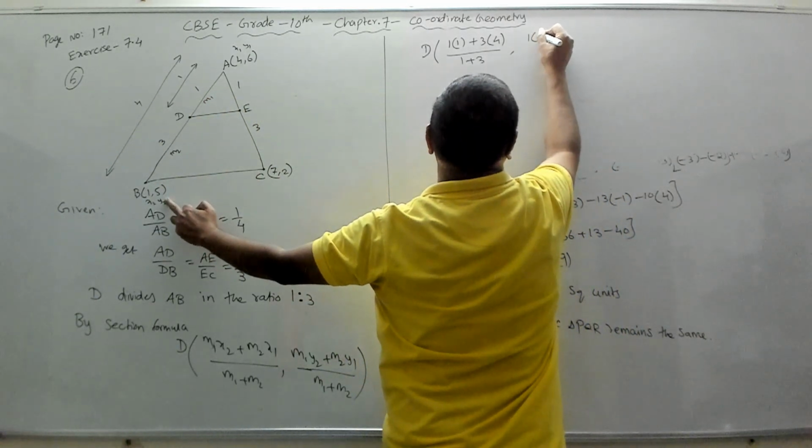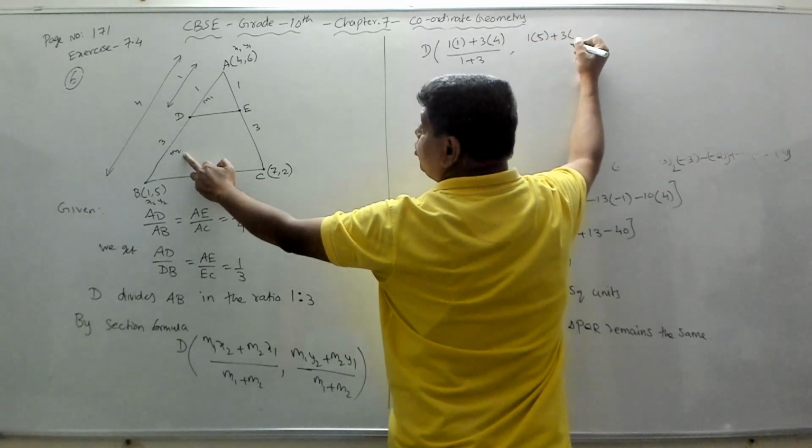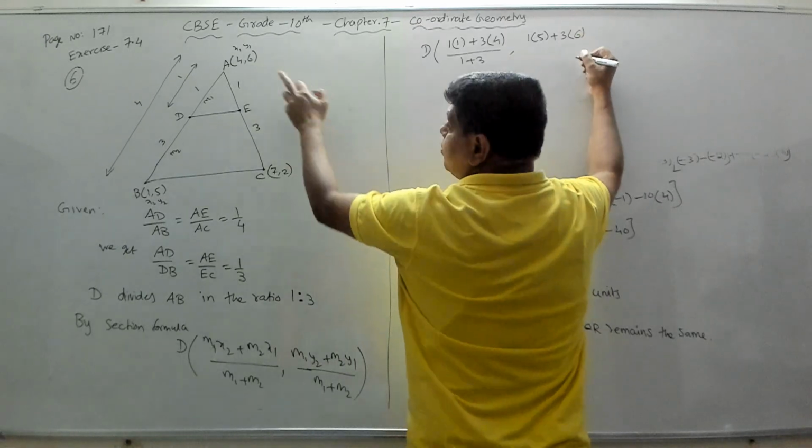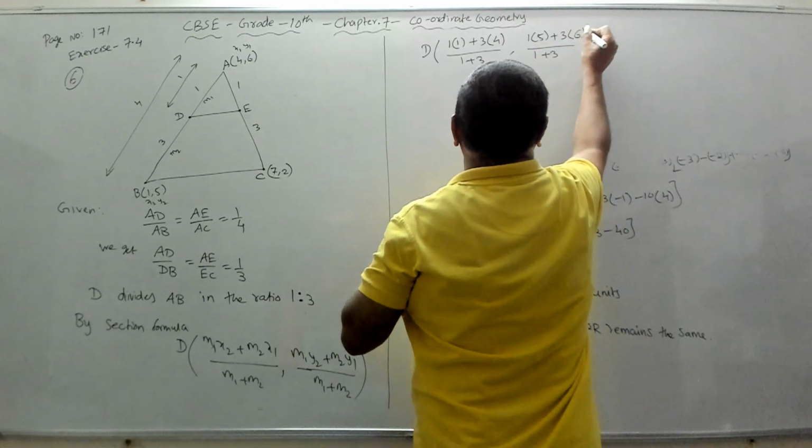So 1 into 5 plus m2 is 3 into y1, y1 is 6, by m plus n, 1 plus 3.